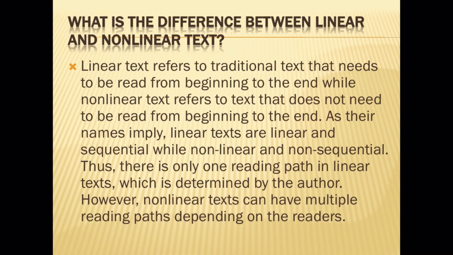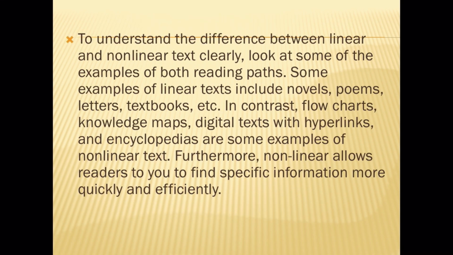And their difference is, linear text refers to the traditional text that needs to be read from beginning to the end. Linear texts are linear and sequential, while the non-linear are non-sequential. And there's only one reading path in linear text, and it is determined by the author. Vice versa, non-linear text can have multiple reading paths depending on the readers.